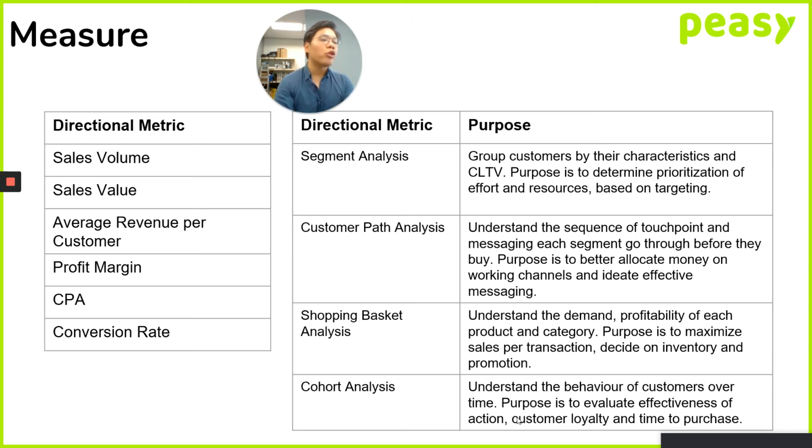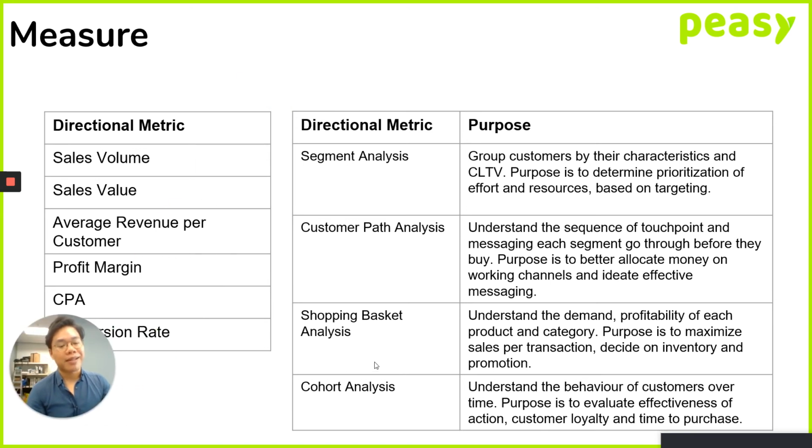So if you want to reduce your cost of sales, you try to minimize the number of touch points. If the person can buy in 2 touch points, then obviously it's better than 4 touch points, because 4 touch points means more cost, more inconvenience, and more chances that you will lose the customer. Correct? And also it's about finding the cheapest channel to get the guy from point A to point B. That is called customer path analysis, right?